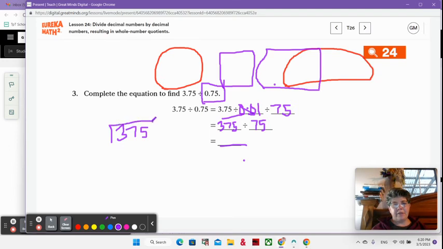So 375 divided by 75, because this is not something that is in a multiplication table. But I want you to think about something. 75 times 2. Do you know what 75 times 2 is?